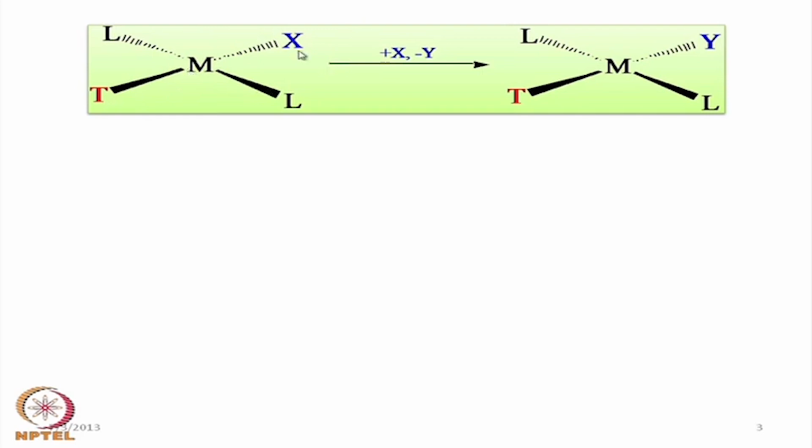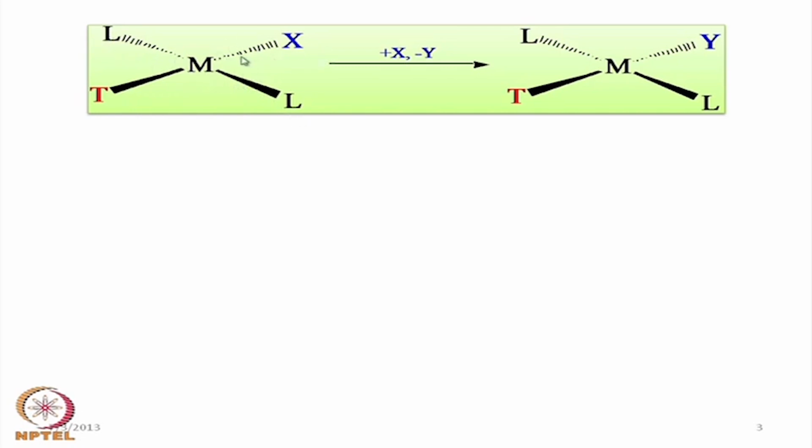But that is not happening in all these substitution reactions on square planar molecules, where after removal of X, whether a solvent molecule or a water molecule is occupying the position of X, the three other ligands, that means the two L trans to each other and T, which is already there trans to X, will remain at 90 degrees only, and these two L are at 180 degrees.